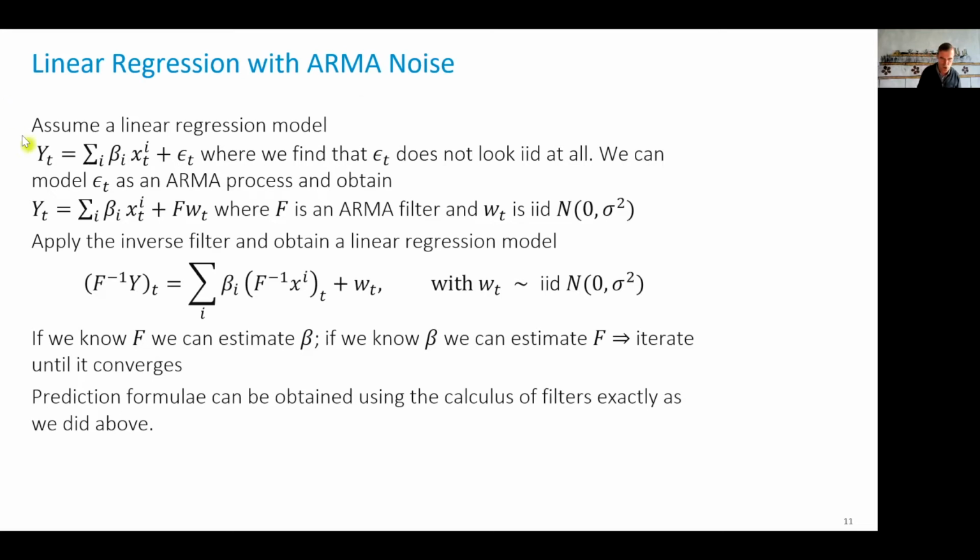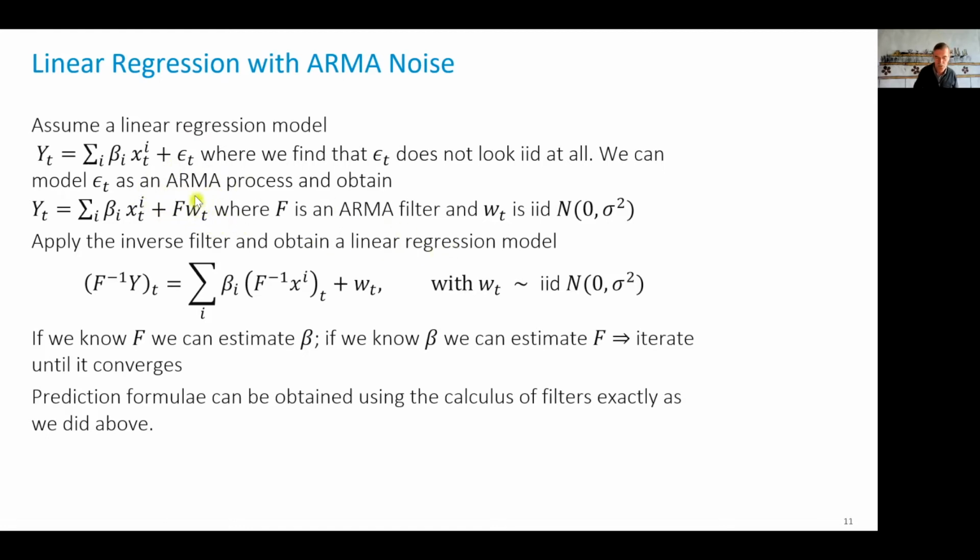For example, you model your data series, perhaps after doing an obvious pre-processing stage of removing trends and seasonalities, as a regression model, here a linear regression plus noise. And if the noise does not look IID at all, then you can use the ARMA process for the noise and say that the noise is, after all, a filter F of something which is IID.